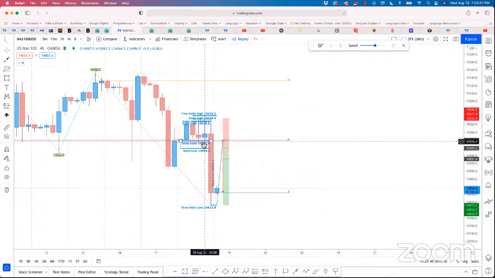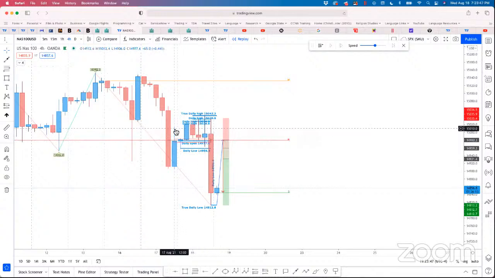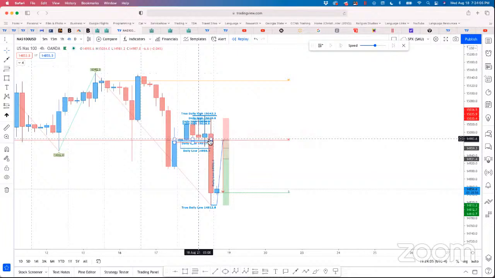We essentially used a mental stop in that situation, because once it came down to this area and we saw that price came to it but didn't hold, our mental stop was that if it doesn't take this low out, then I'll stay in it. It eventually took it out, so that means I close it and let it go.